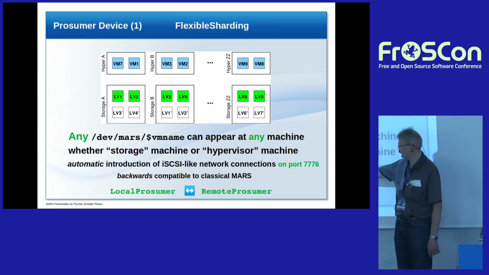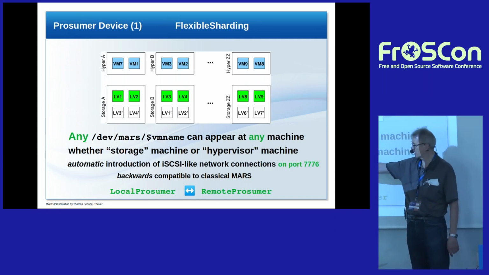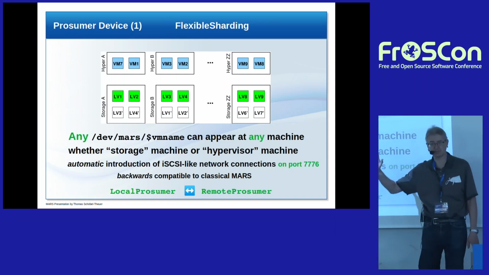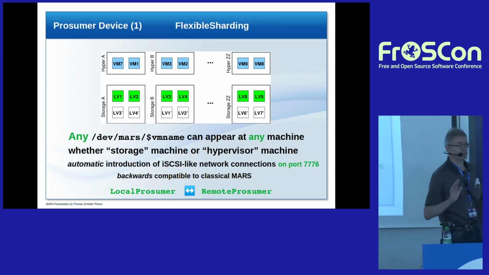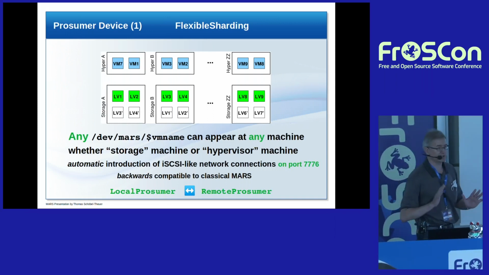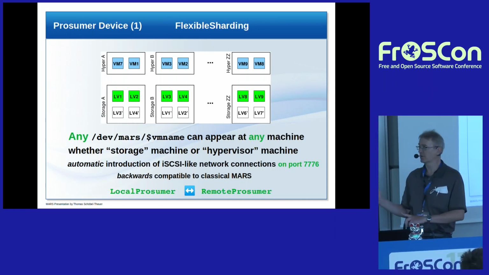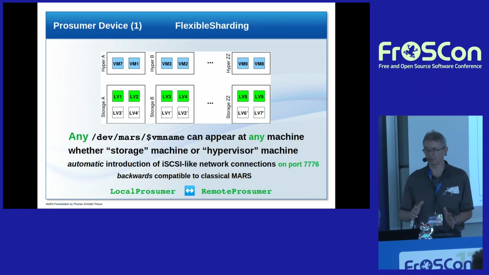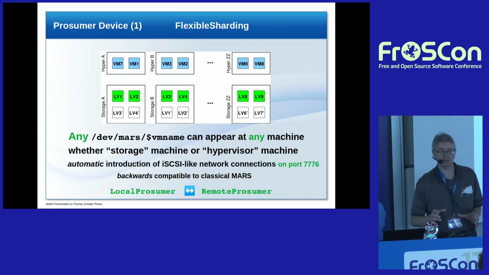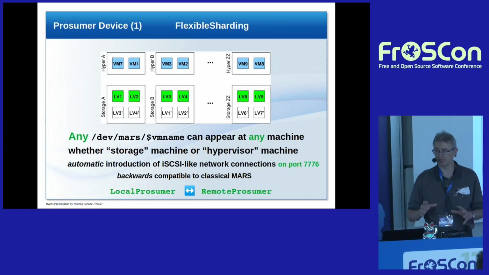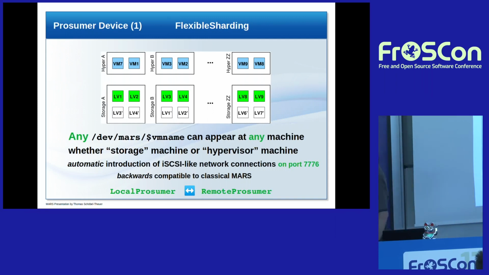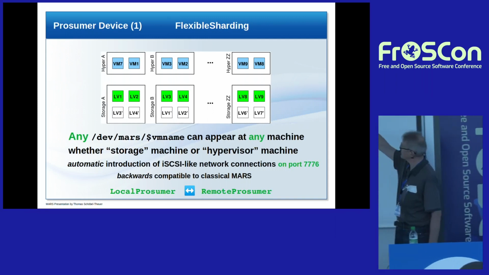From a sysadmin view, it's similar to an iSCSI-like network connection. It has some features iSCSI does not have, and otherwise iSCSI also has features not present here. So it's not a one-to-one replacement, but it's similar functionality. As seen from the MARS level, it should not matter in future. So this is one of the possible hardware setups you can have in future.